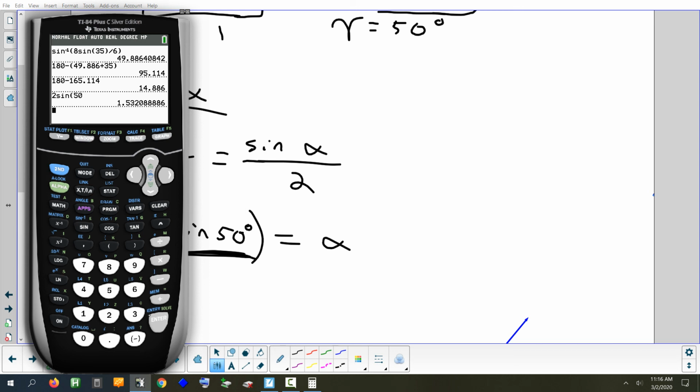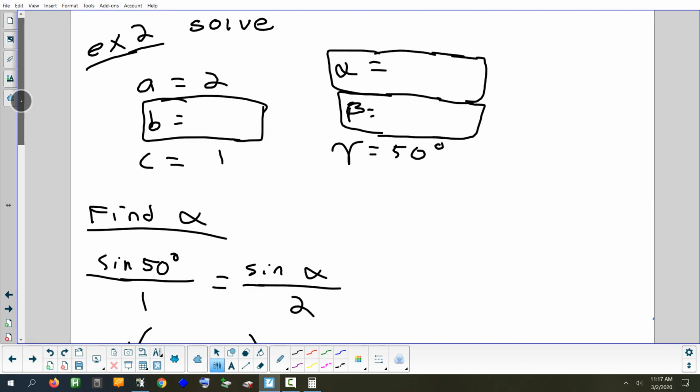No. So if you try to do inverse sine of 2 sine 50, Ian, I didn't close my parentheses. That doesn't matter. But I get an error, because 1.53 is not in the domain. Essentially, what you're asking is, where does the graph of sine hit 1.5? It doesn't. It only hits 1 to negative 1. So, what that means is we're done. There's no solution.